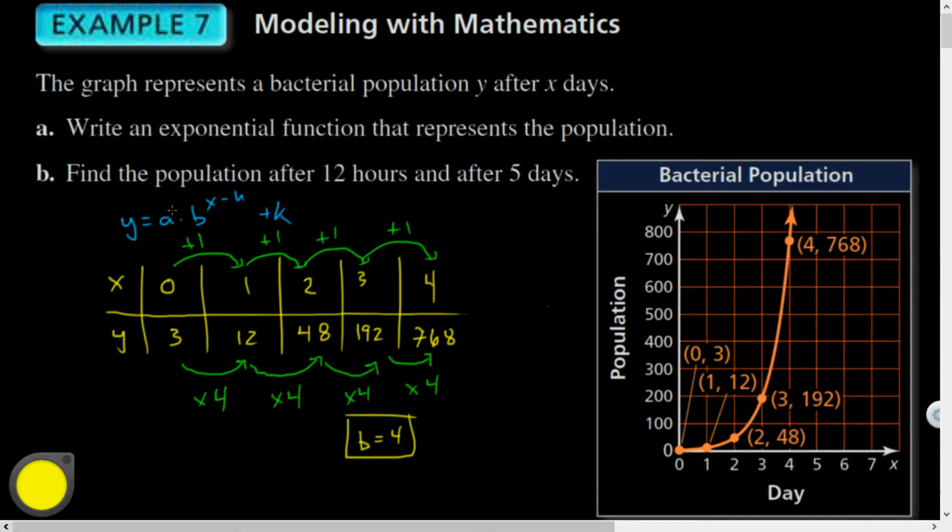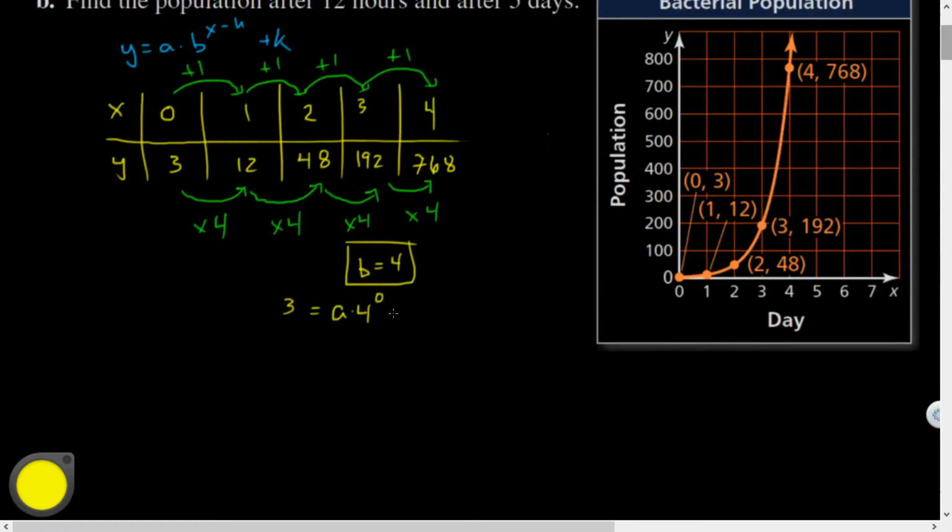So that means my a value must have multiplied the 1. 4 to the 0 is equal to 1, multiplied by a ended up equaling 3, is kind of what I'm thinking about. So I'm like, okay, what's happening to a? What was a that it suddenly made that into 3? The way I could think about that is I just plugged in what I knew. I had 3 for y, I had 0 for x.